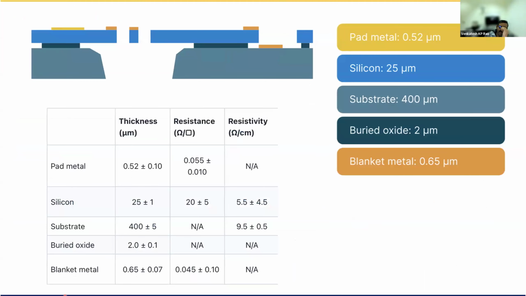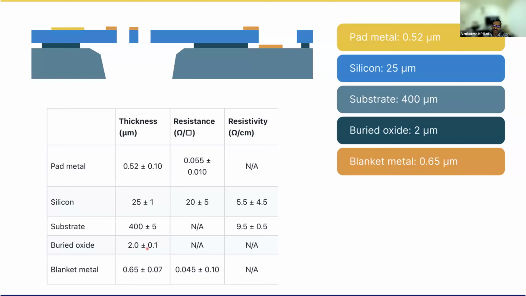Right? So these are the dimensions of the different layers. The silicon structural layer is 25 micrometers. The substrate is 400 micrometers. Buried oxide is 2 micrometers, whereas the blanket metal is 0.65 micrometers. The thickness I am talking about, and the pad metal is 0.5 micrometers, right?